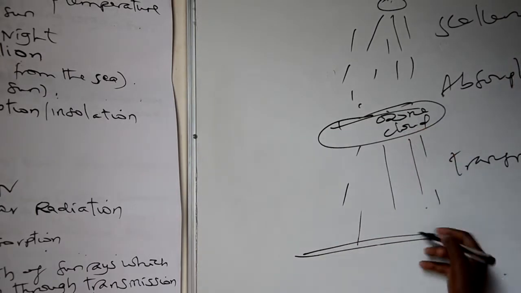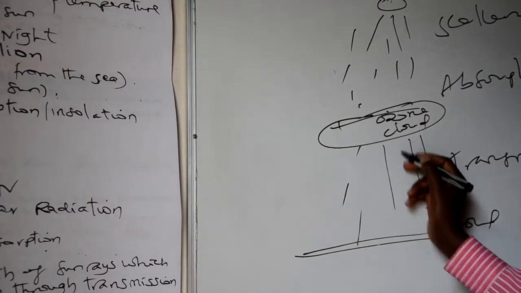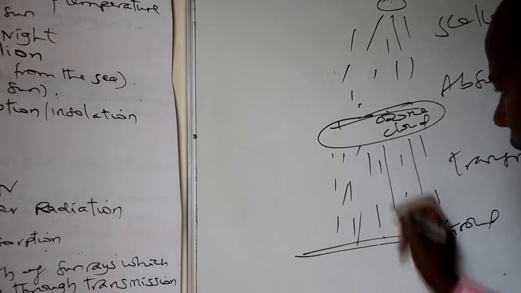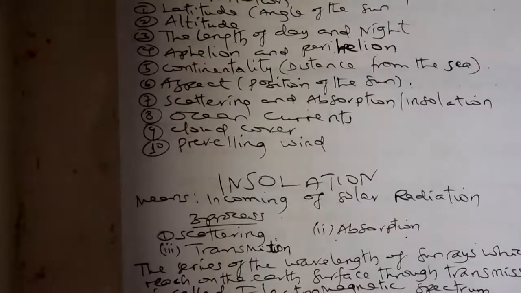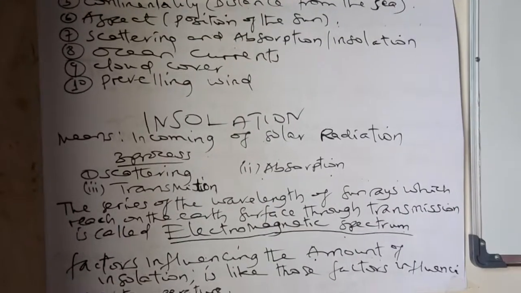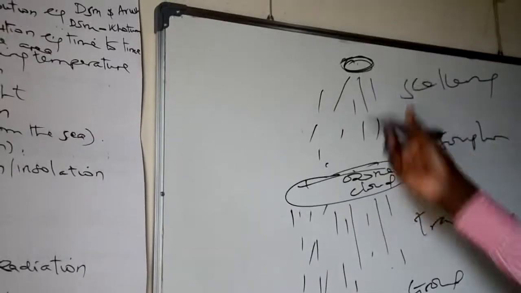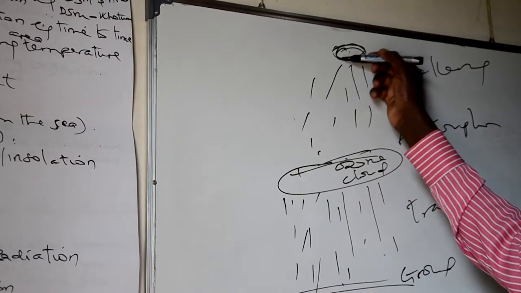The series of wavelengths of sun rays which reach the Earth's surface through transmission is called the electromagnetic spectrum. For instance, the sun's rays come from the layer of thermosphere. When the sun's rays come in, they pass through scattering.